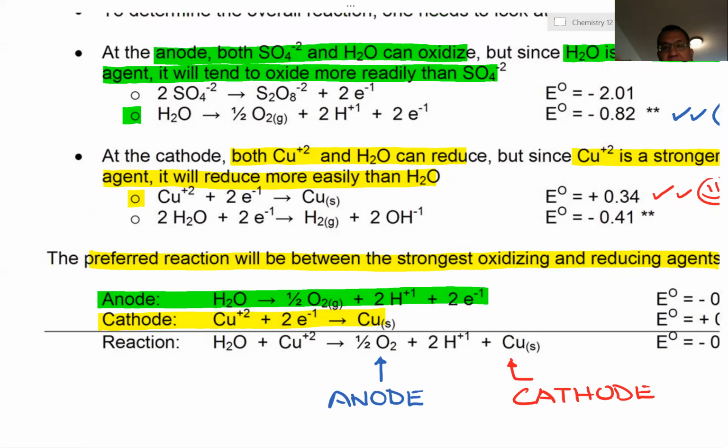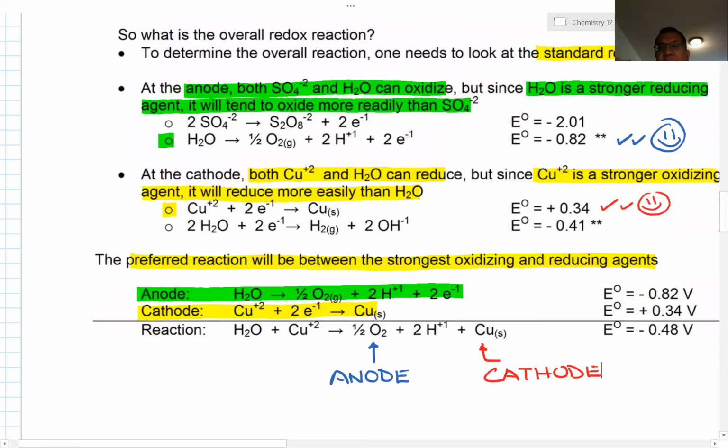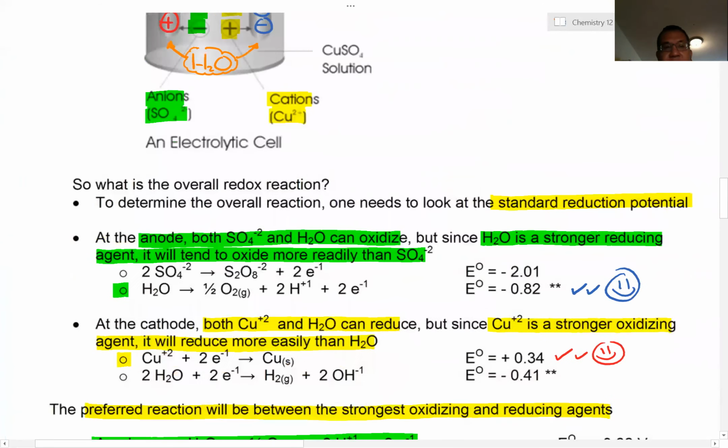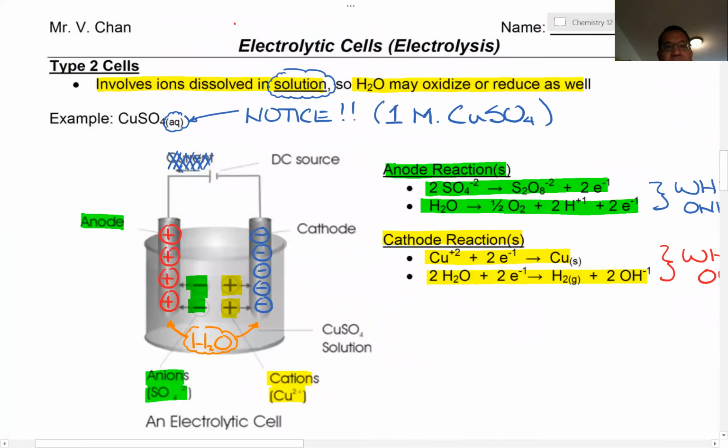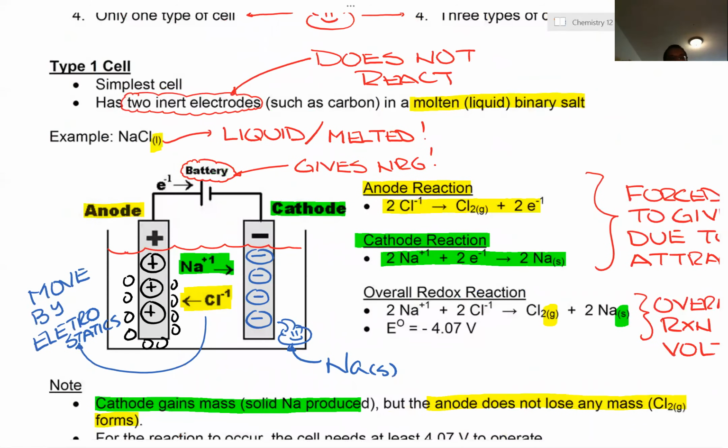Now, here's an easy way you can think about it, and I use this as an example. In this case, type 1 is simplest. There is no doubt which one goes to the anode and which one goes to the cathode. The example I give would be a married couple with no children.